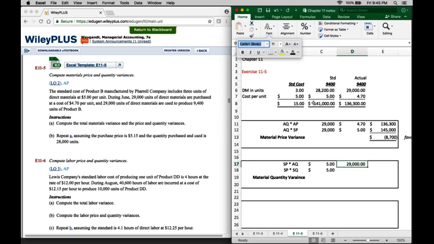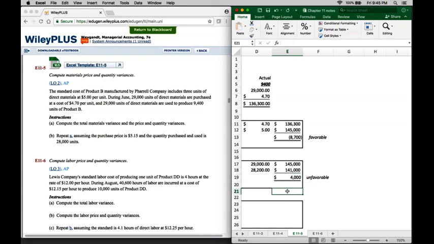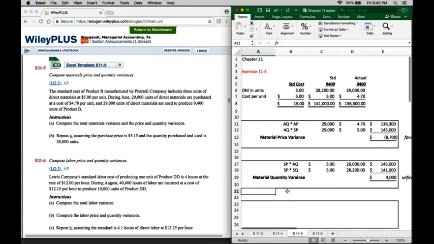The standard was 28,200. Do the extensions and take the difference. Here what we have now is an unfavorable number. The positive number over here is unfavorable. Again, it relates to a cost, so it seems a little backwards, but it's unfavorable.